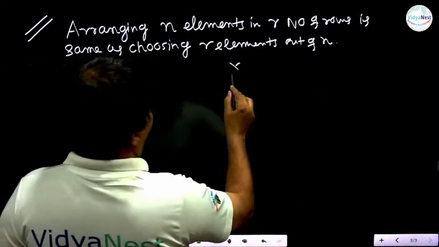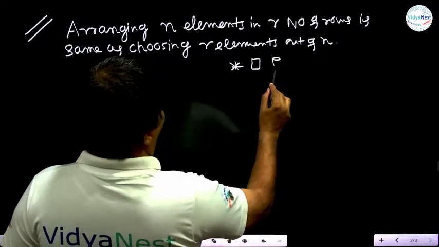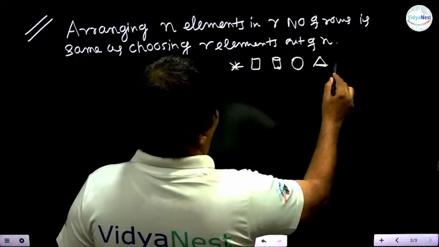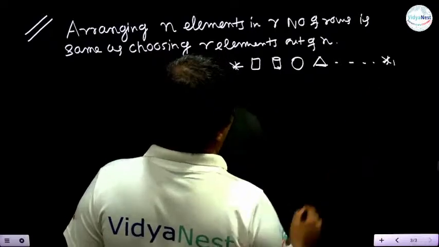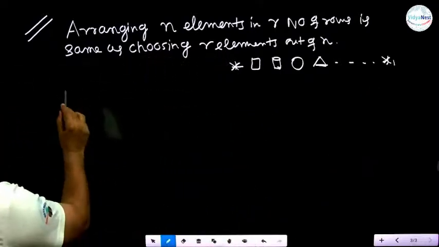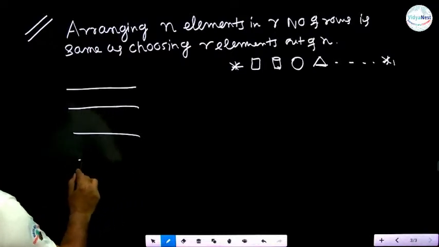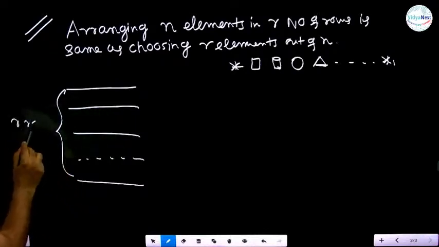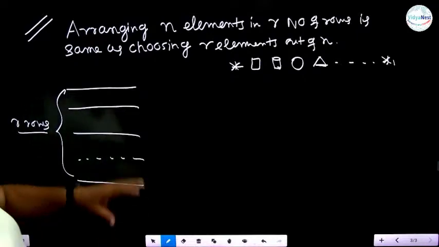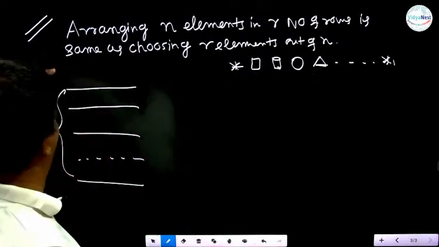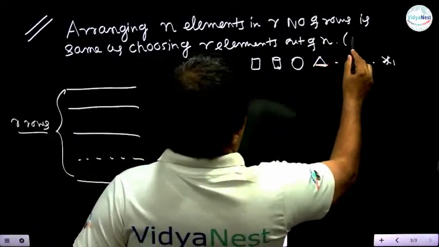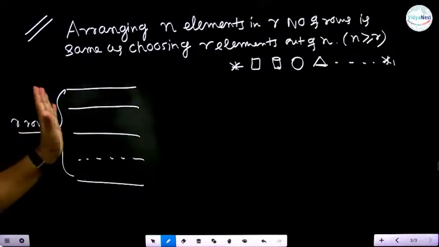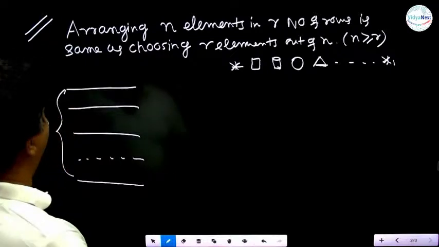Suppose there are n elements like this, and there are R number of rows. So how many ways can I arrange these n elements in R rows? Here n is greater than or equal to R. The condition is repetition not allowed.